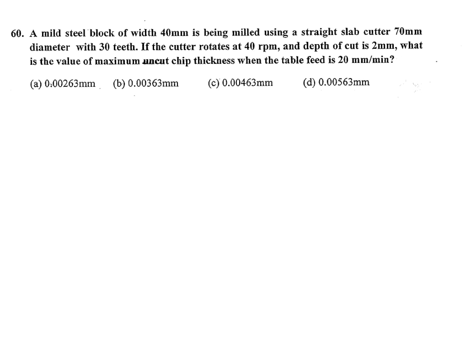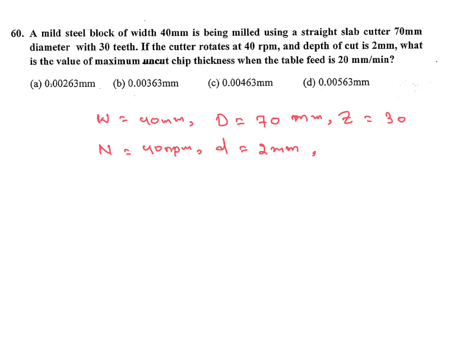The data given: width W is 40 mm, diameter of cutter 70 mm, number of teeth 30, cutter rotates at N equal to 40 RPM, depth of cut d is 2 mm. The table feed rate is also given, 20 mm per minute.